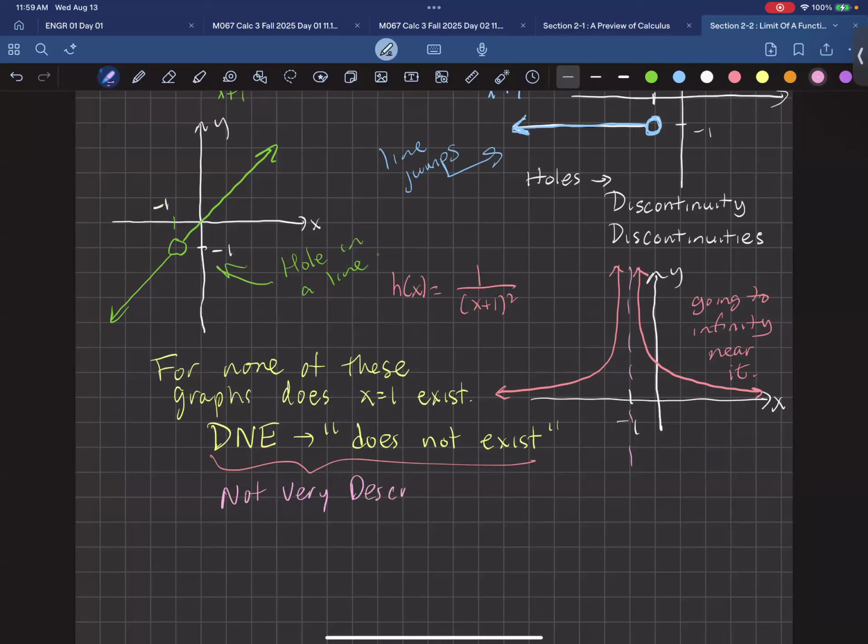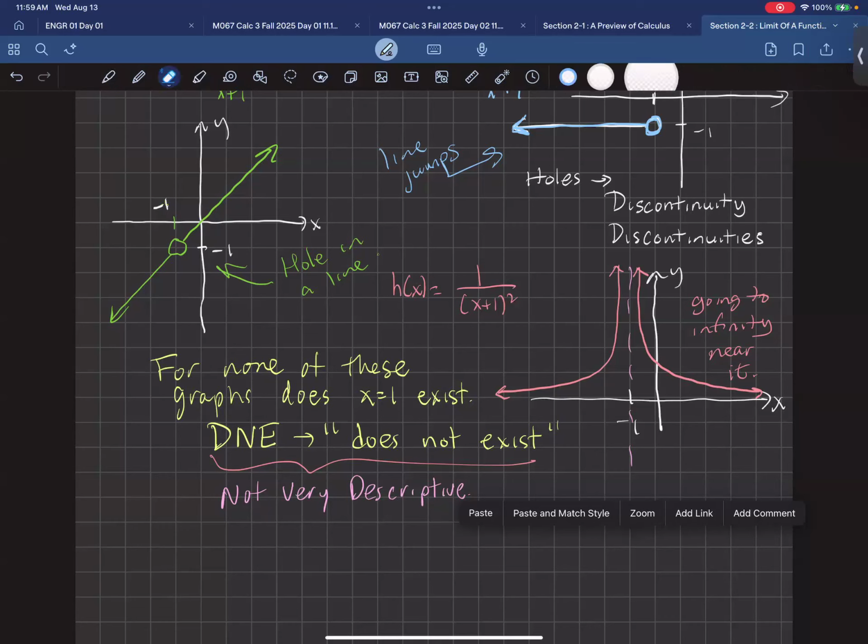And please pause these videos if you need to write down more. That graph is not lined up right. This first one. I'm going to erase this green line real quick.